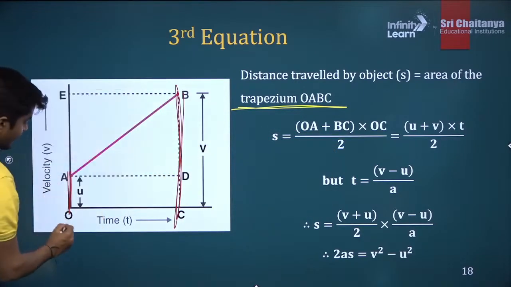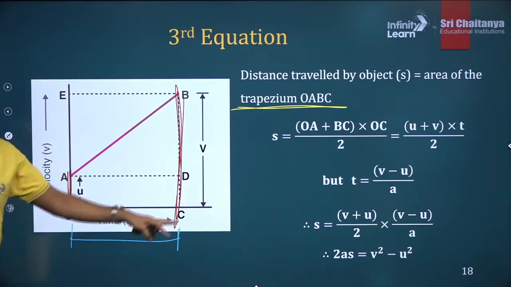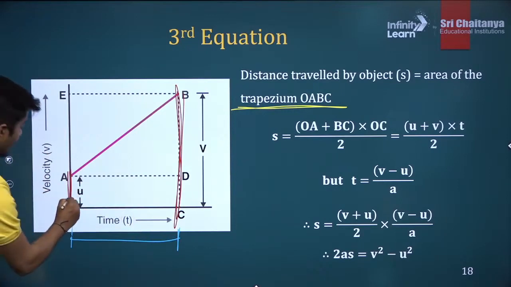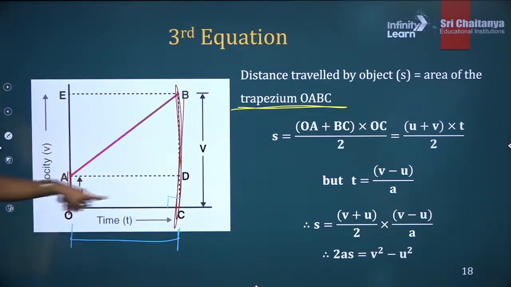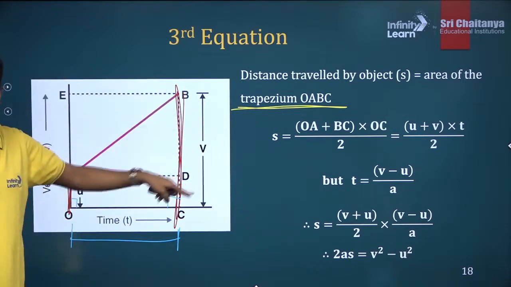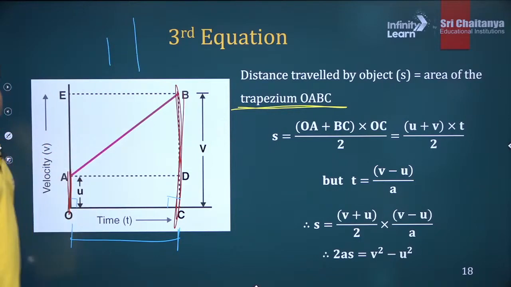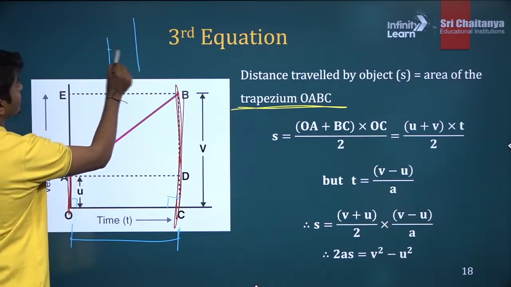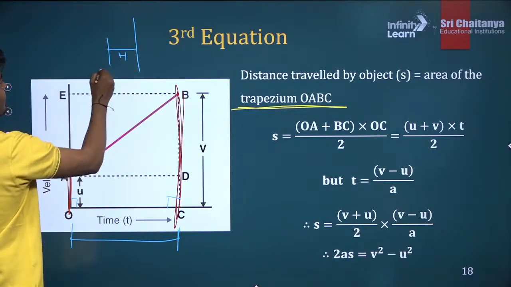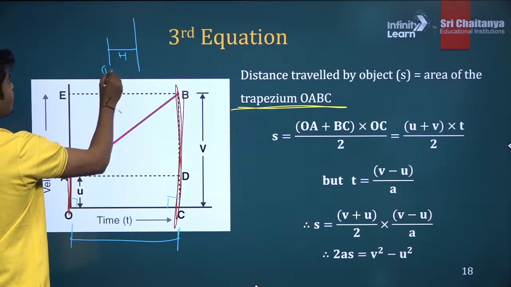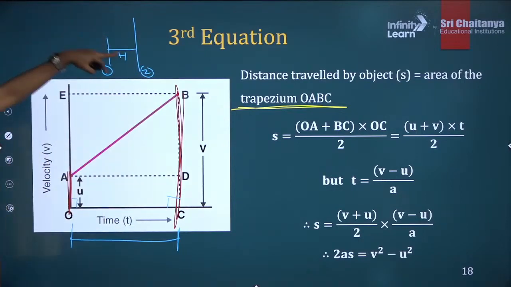So what is this height? Height is this length. I told you why this is the height, because it is making an angle 90 degree to both parallel sides. So in the trapezium, if these two are the parallel sides, let's call them line number 1, line number 2, how will you find the height?